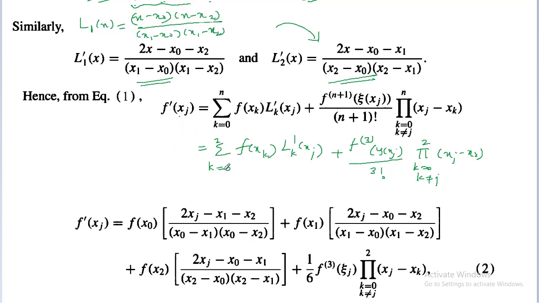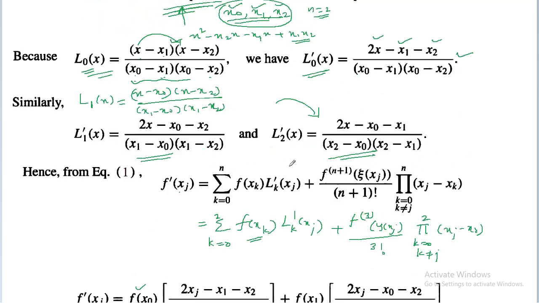That is, when k equals 0, we have f of x0 into L0 dash of xj. We know L0 of x is this, so L0 dash of xj is 2xj minus x1 minus x2 divided by x1 minus x2, that is, when we replace x by xj.